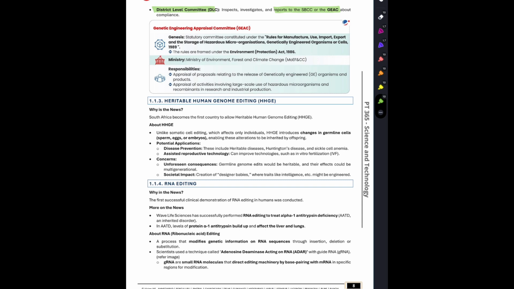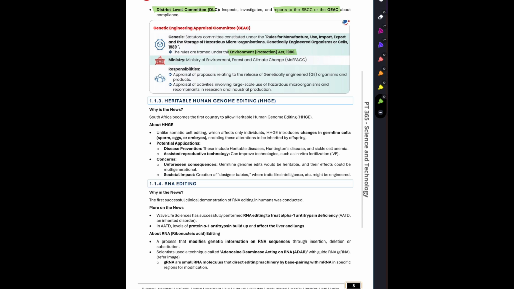So, Genetic Engineering Appraisal Committee (GEAC) is a statutory committee constituted under the Rules for manufacture, use, import, export, and storage of hazardous microorganisms, genetically engineered organisms, or cells, 1989. The rules are framed under the Environmental Protection Act 1986.